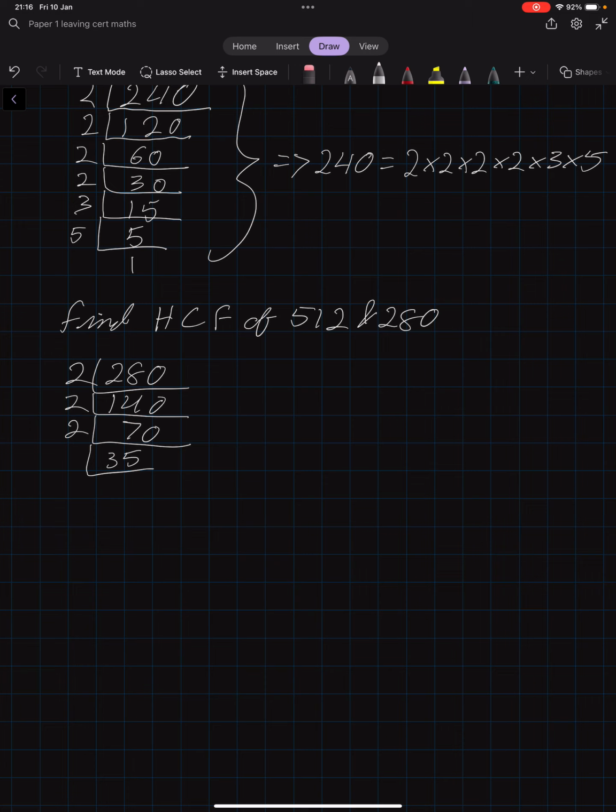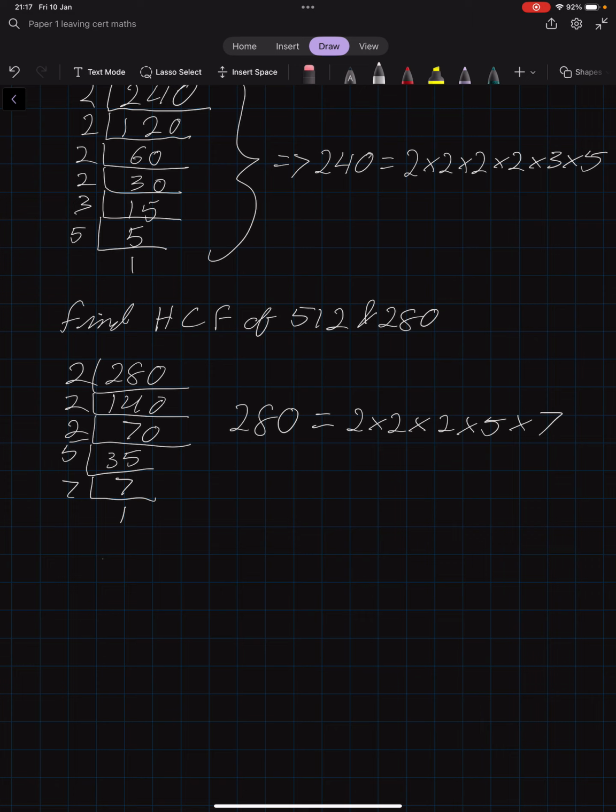Now, 2 doesn't go into 35, but 3 doesn't either, so the next prime then is 5. And then 7, because 7 is prime. So we get that 280 can be written as 2, 2, 2 times 5 times 7.